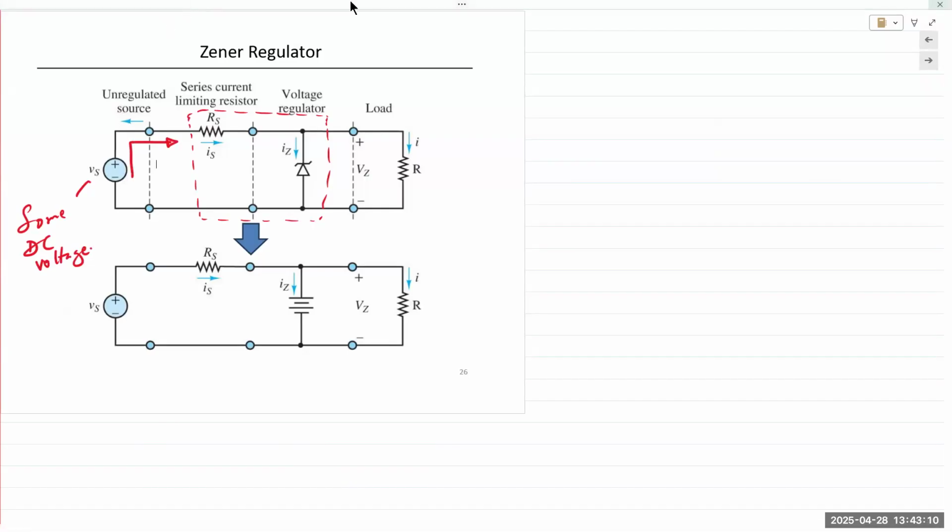We always have a series limiting resistor. That resistor's purpose is to limit the current, or rather, the more appropriate technical word would be to control the current that is going into the output. So this series resistor, RS, is used to control the total current being supplied.